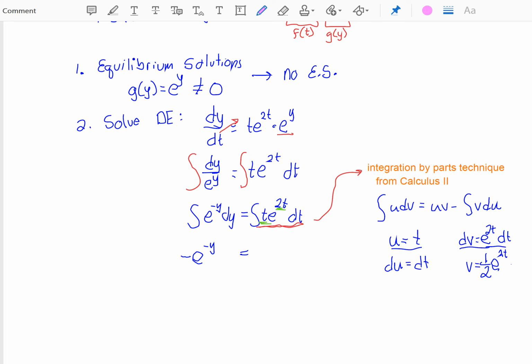Now the way I remember this integration by parts formula is by a triangle. It's going to be this u times this v, minus the integral of this v times this du.